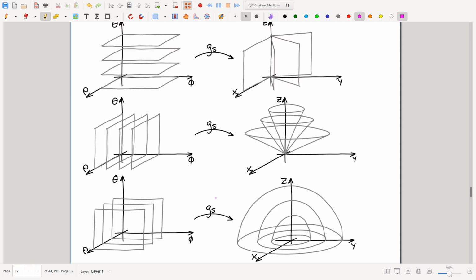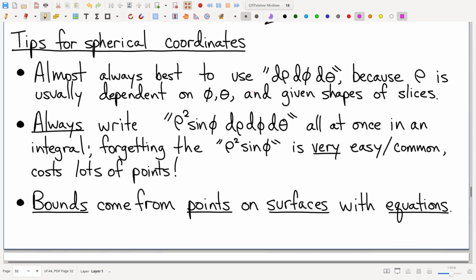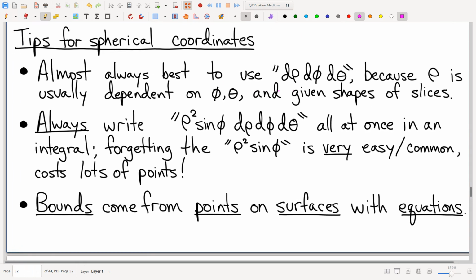Okay, here's the really good news. Again, there is a best choice for how to do your slicing. And to be fair, there are a few counterexamples. Gosh, they're rare. Don't worry about them. It's not going to affect us, right? The best choice is going to be to put your differentials in this order.